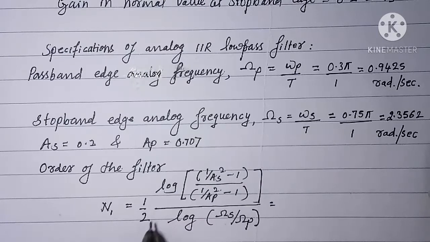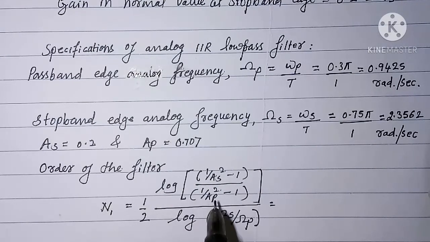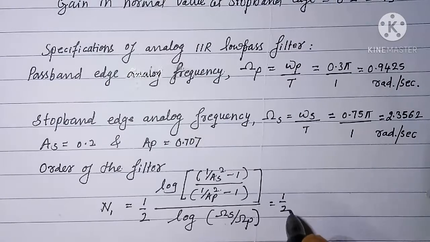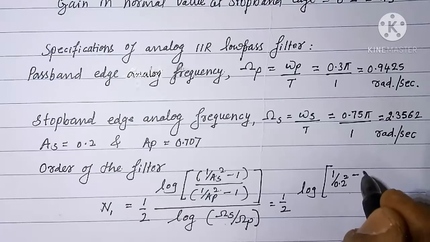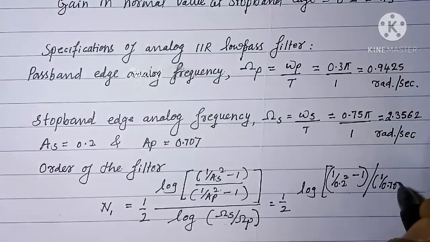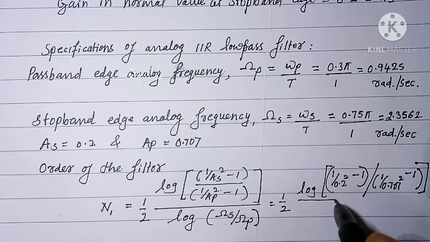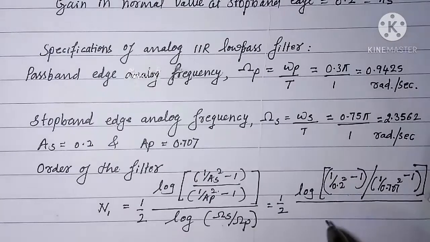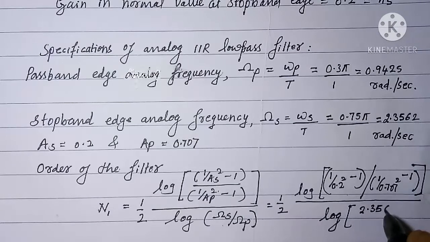We have N1 equal to half into log of 1 upon AS square minus 1 by 1 by AP square minus 1 whole divided by log of omega s by omega p, that is equal to half into log of 1 upon 0.2 square minus 1 by 1 by 0.707 square minus 1, divided by log of 2.3562 by 0.9425.